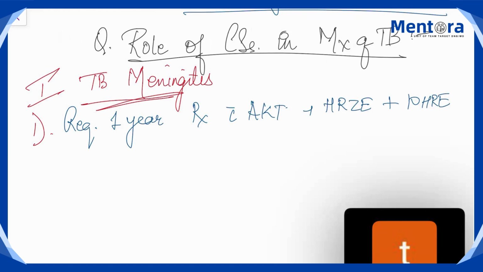So instead of 6 months, your guideline says that at least for 1 year, that is 12 months, you have to give AKT in case of TB meningitis, and in spine tuberculosis, you have to give at least 9 months of AKT. Remember these two things. So spine, bone, and joint, at least 9 months, and TB meningitis 12 months. For the rest of the tuberculosis, 6 months is enough.